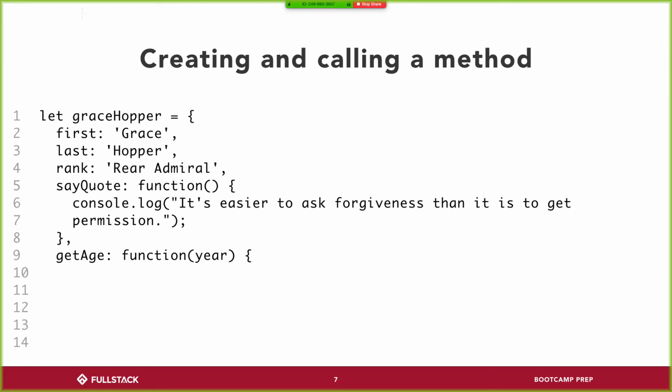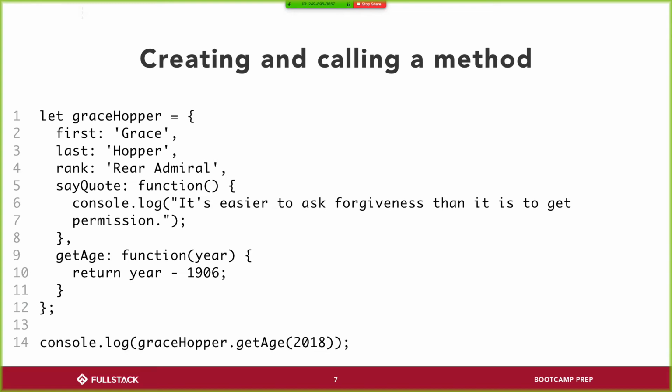So yeah, creating and calling a method, getAge. As we alluded to earlier, you could pass parameters. This one takes in year as a parameter, and then it returns that year minus 1906. So we do something like this, and then we do some math here. So it's probably going to be 112.